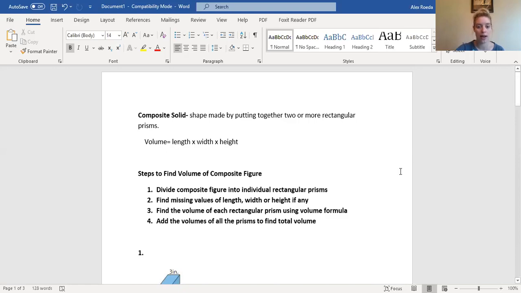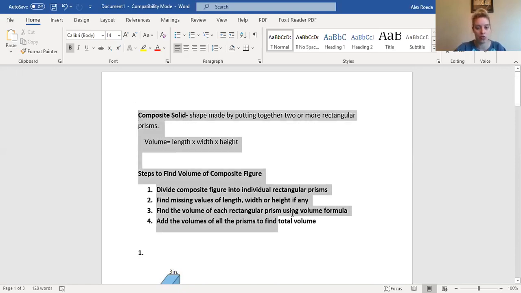So I'll give you a minute. Go ahead and I want you to copy down this in your notes, okay? And what a composite solid is and the steps to finding the volume of the composite figure. That's what we're going to take a look at with today. So I'll give you a minute.